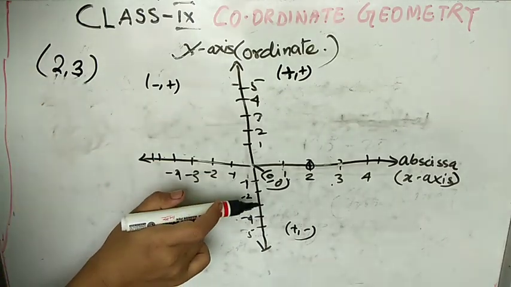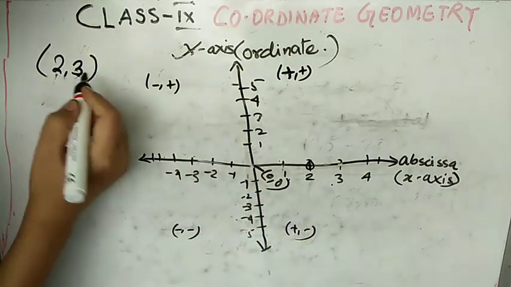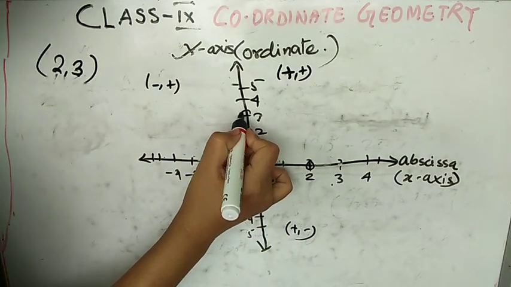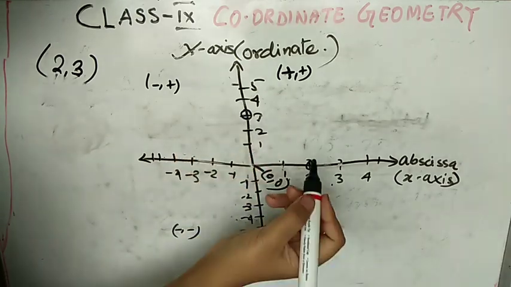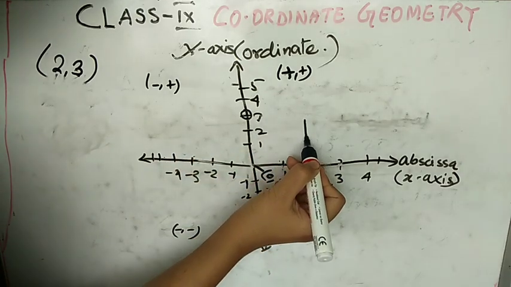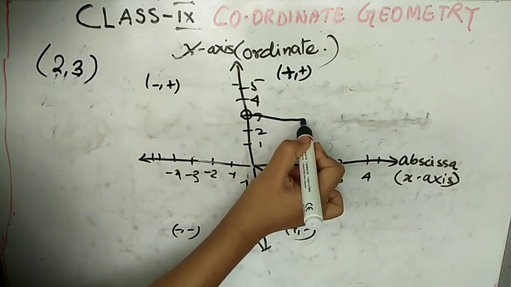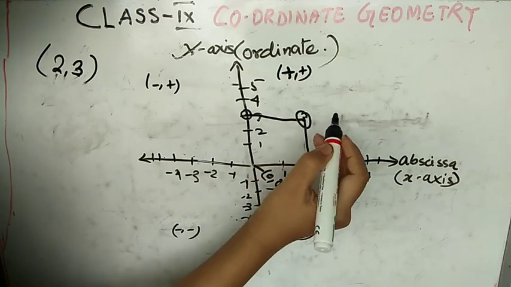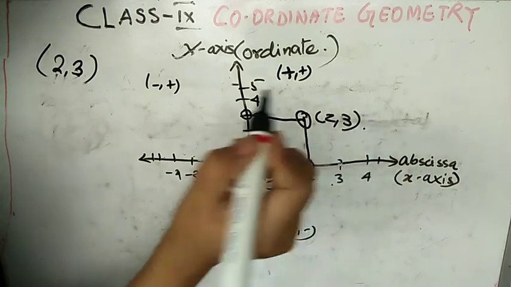Since it is 3 and 3 is positive, therefore this will be your point. Now what we have to do is we have to draw straight lines from both the numbers, join them together, and the point which we get, that is the point of intersection, is the required coordinate 2, 3.